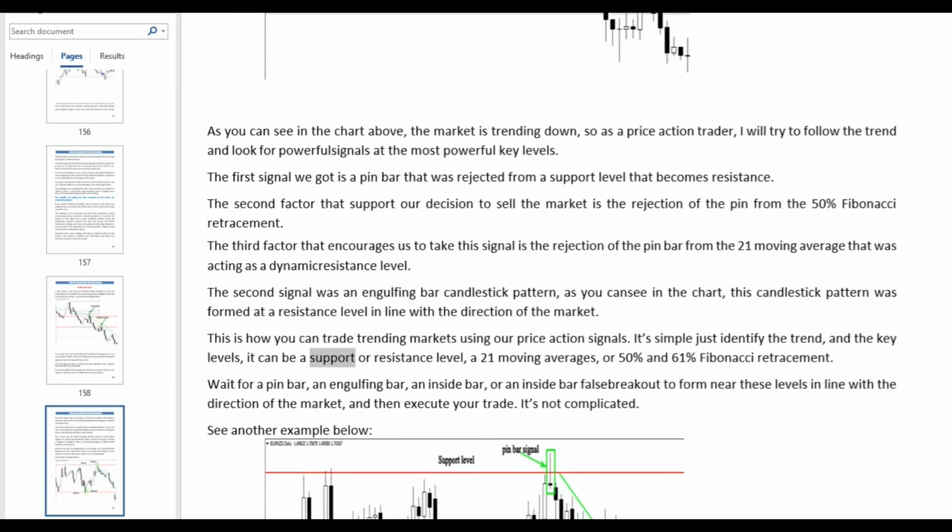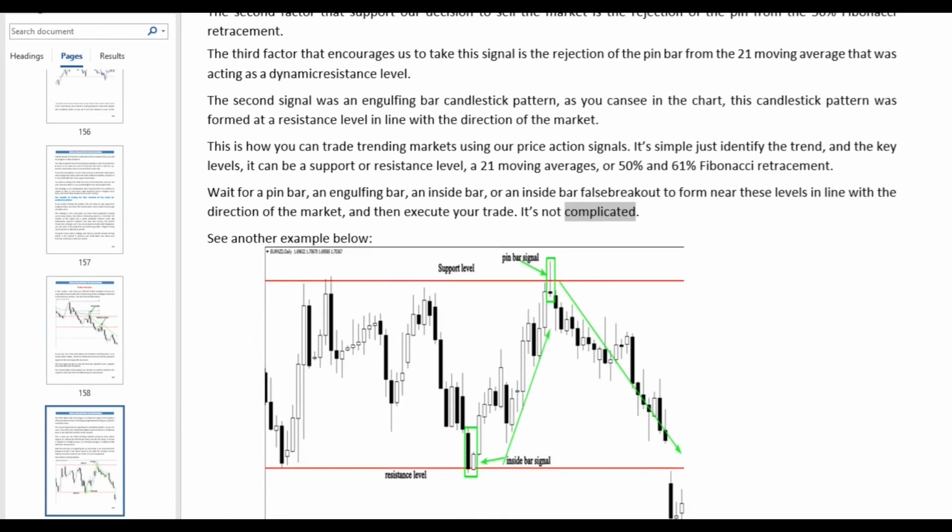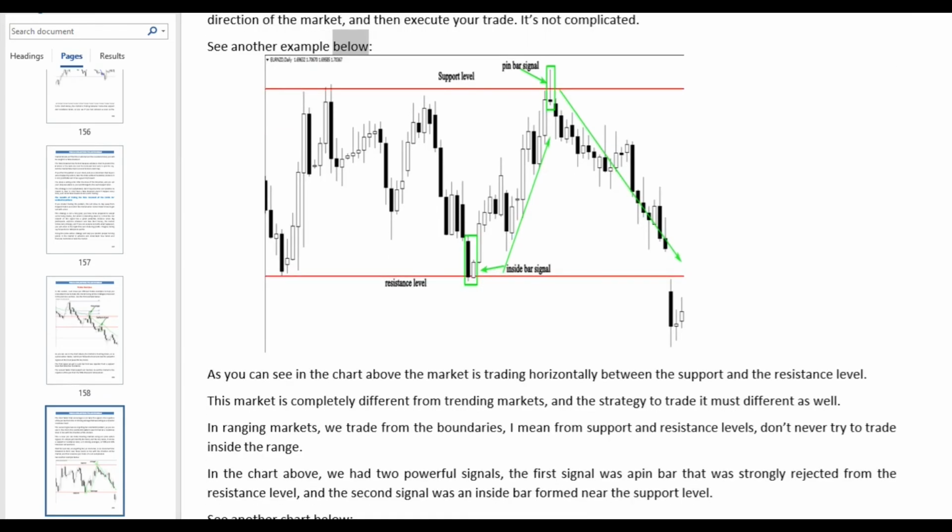It can be a support or resistance level, a 21 moving average, or 50% and 61% Fibonacci retracement. Wait for a pin bar, an engulfing bar, an inside bar, or an inside bar false breakout to form near these levels in line with the direction of the market, and then execute your trade. It's not complicated. See another example below.